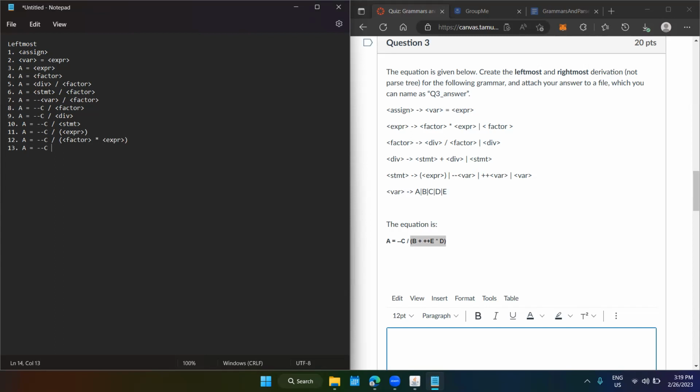A equals minus C divided by question mark. Then factor, you want to get to the plus, so factor points to div. Expression 14a equals. Div points to statement plus div times expression.